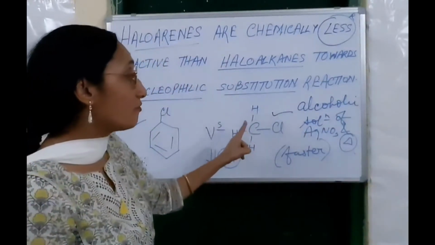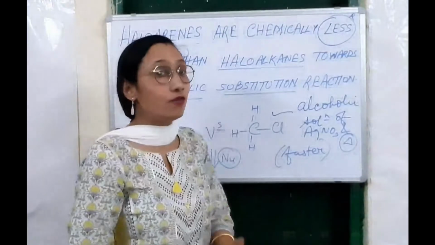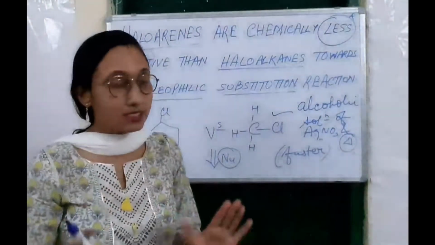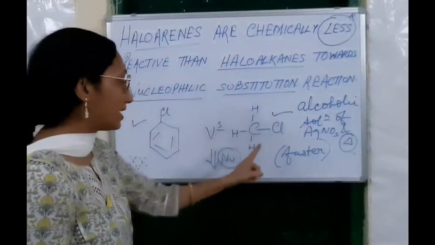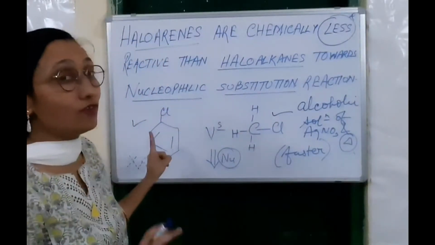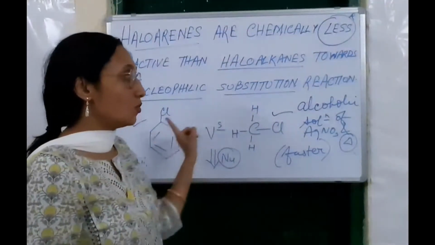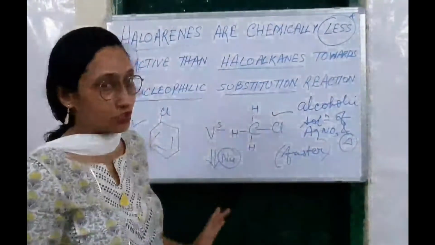Now in case of methyl chloride, we will obtain a curdy white precipitate after some time. But chlorobenzene will not at all give this curdy white precipitate with silver nitrate solution.